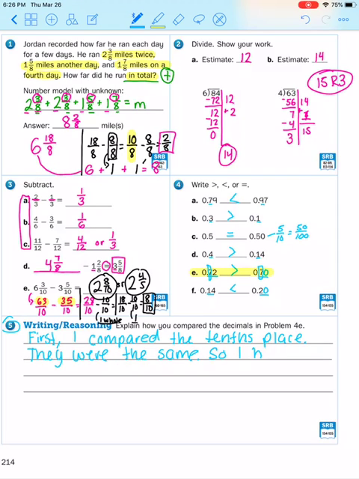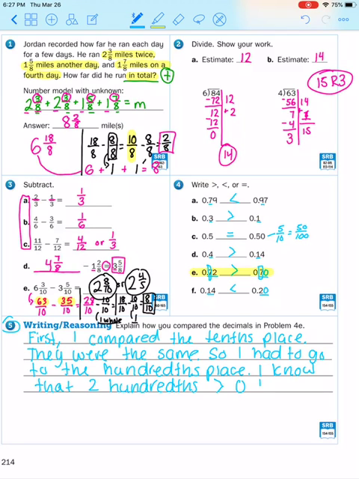So I had to go to the hundredths place. I know that 2 hundredths is greater than 0 hundredths.